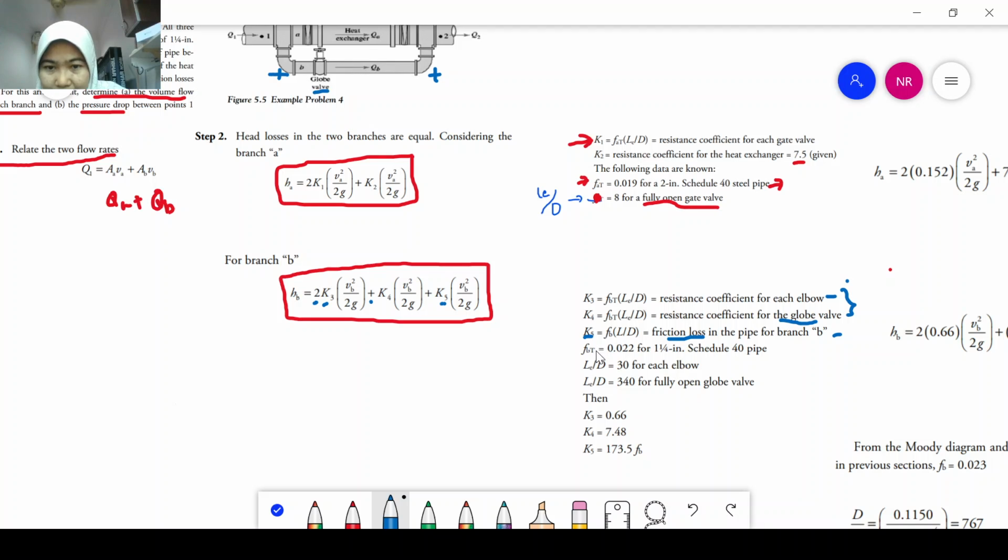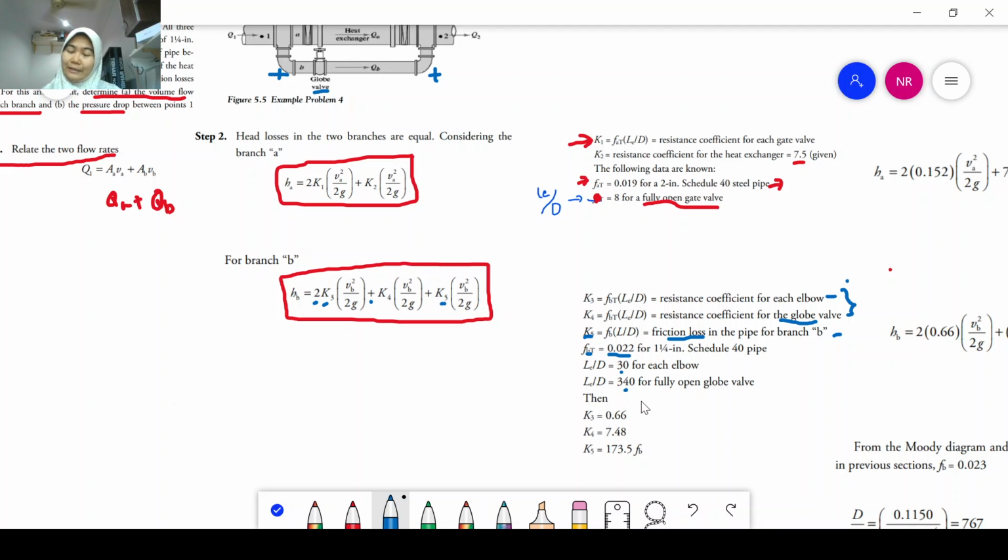Let's look at what the value of FBT is. Since it's a 1/4 inch schedule 40 pipe, the FT from the table is equal to 0.022, and LE over D for each elbow is 30, and for a fully open globe valve it is 340.